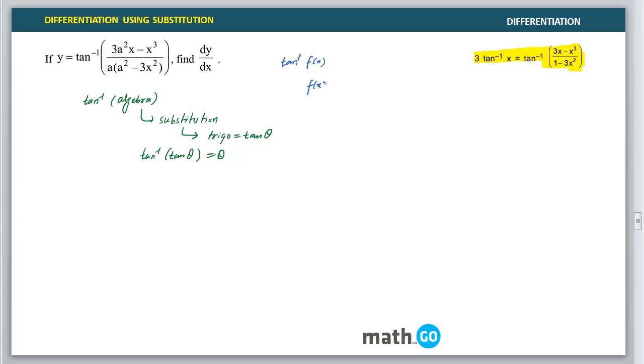So this fx function I can write as 3 a square x minus x cube divided by a into a square minus 3x square, right? So what is fx in terms, I need to write fx as 3x minus x cube upon 1 minus 3x square. This is how I have to write fx.